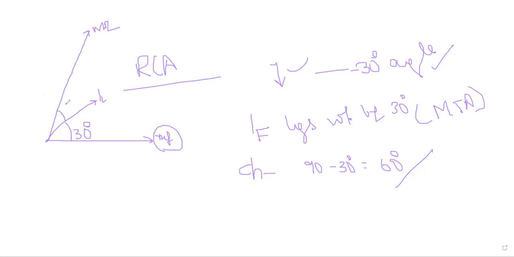So 90 minus this would be 60. This is the characteristic angle and the maximum torque angle. Generally, we consider this when we are developing directional overcurrent relays. And apart from this, we will also have to include the minimum voltage setting, like for fuse failure and MCB trips.